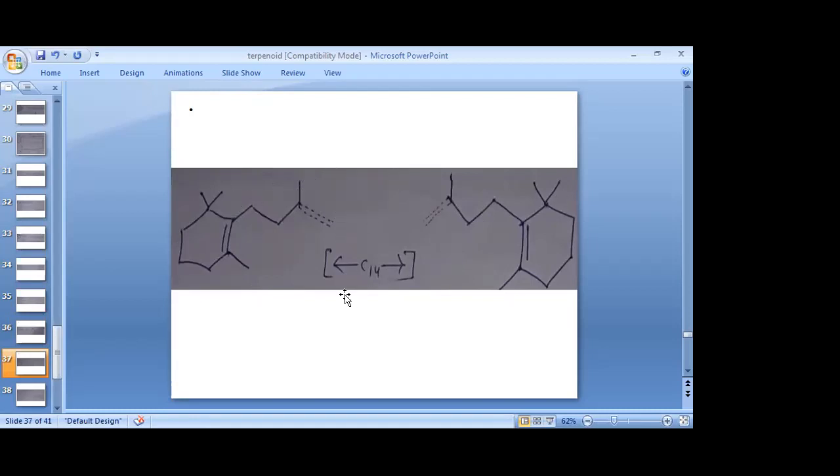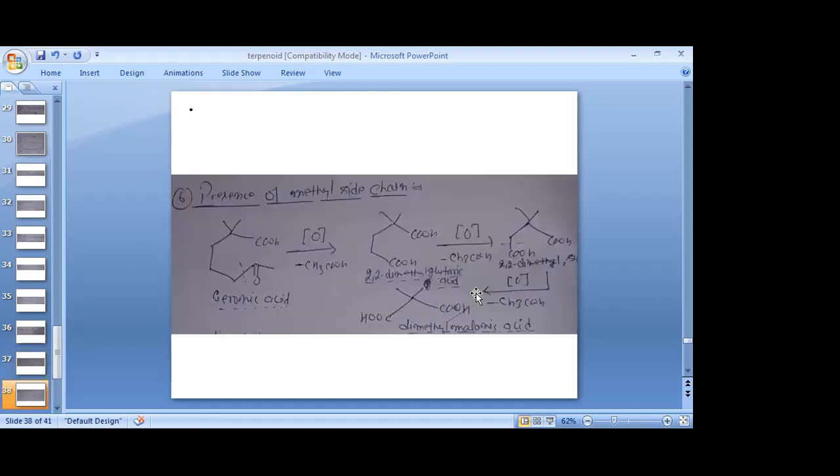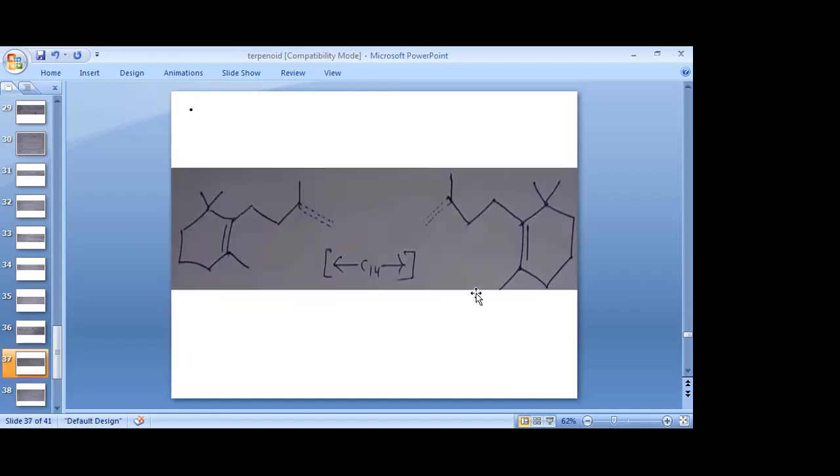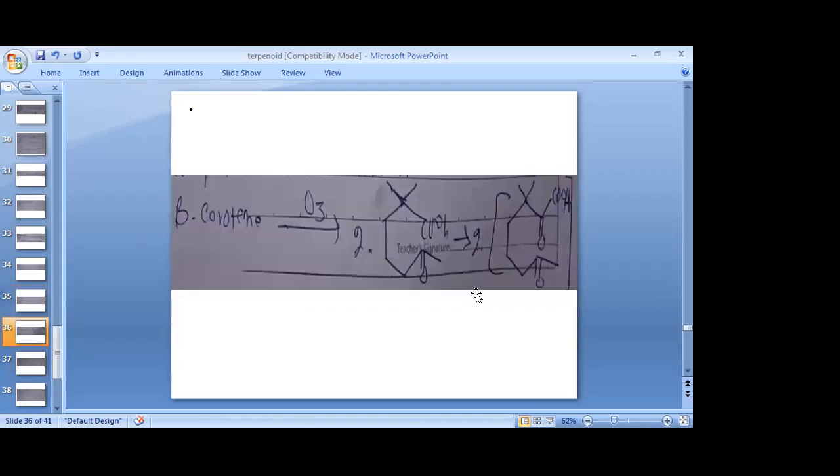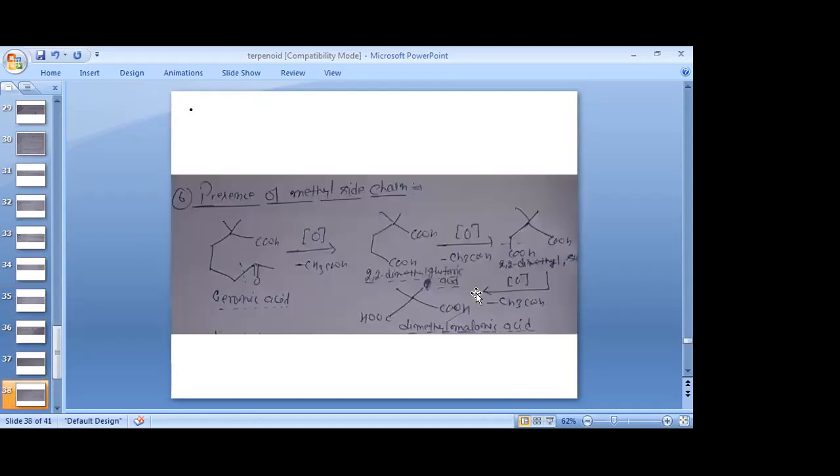In this way there are 14 carbons between these two hexacyclic rings. This is the basic structure. The next point is the presence of methyl side chains. I will discuss this point again in the coming PPT, at the end of the final structure, so no problem.